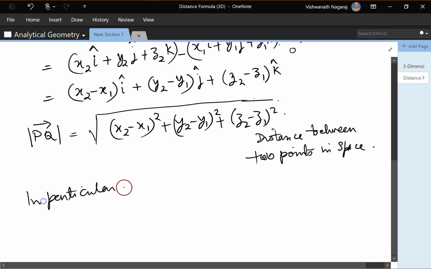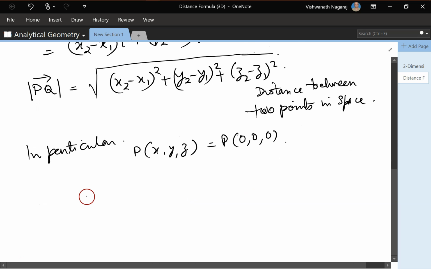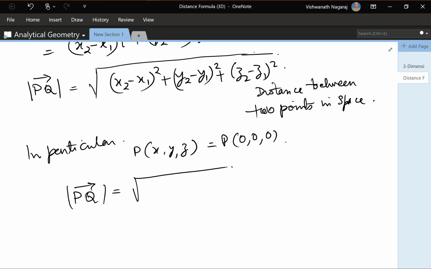In particular, let's say one of the points is at the origin. So let's say P x comma y comma z is equal to P 0 comma 0 comma 0. In which case what happens? PQ would be equal to, you can take any one of them, whether x2, y2, z2 as 0 or x1, y1, z1 as 0.